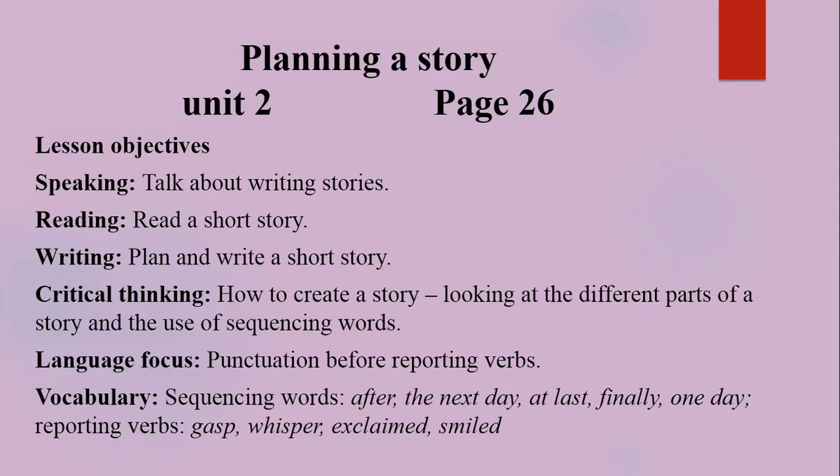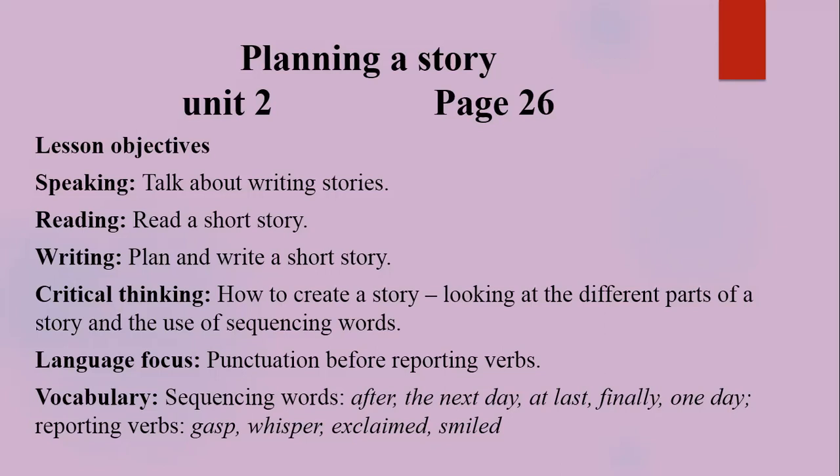Then, in language focus, we discussed punctuation before reporting verbs. In vocabulary, we discussed sequencing words like after, the next day, at last, finally, one day. And in reporting verbs, we discussed gasps, whisper, exclaimed, and smiled.